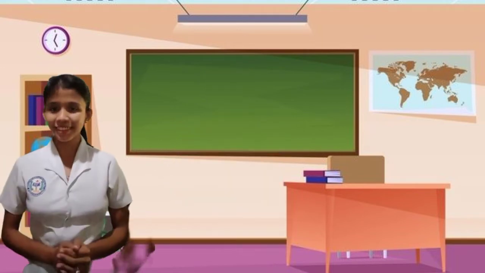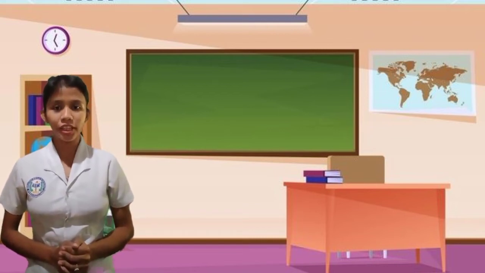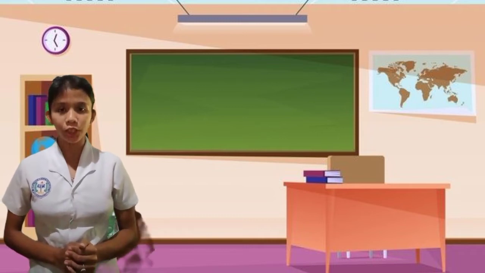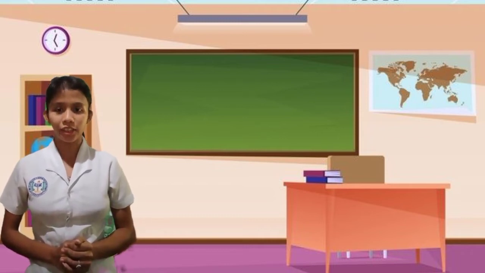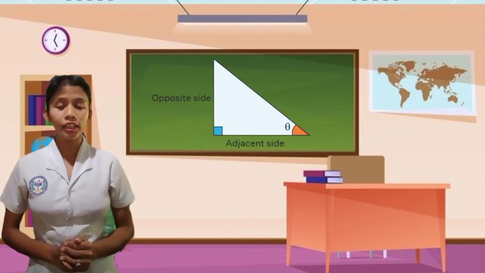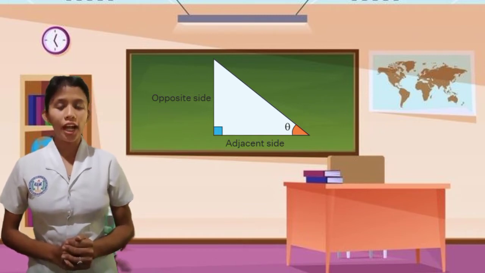Any one of you here can define tangent? Yes. Alright, you're correct. In trigonometry, the relationship that defines the tangent is the ratio of the opposite side to the adjacent side of a particular angle of a right triangle. When we say opposite, that is opposite to the angle theta, and adjacent is next to the angle theta.